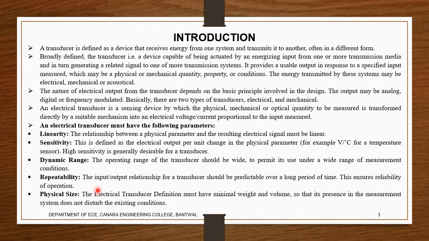This ensures the reliability of the operation. For example, if we give 1 volt at the input and the output should be 10 volts, it shouldn't change too much. It might vary slightly, 10.1 or 10.2, but it shouldn't fluctuate widely enough to affect the transducer or any system.